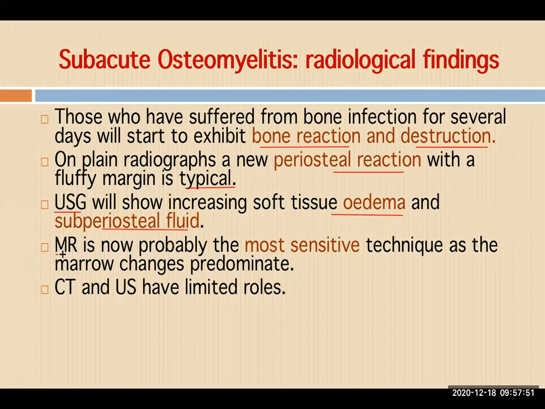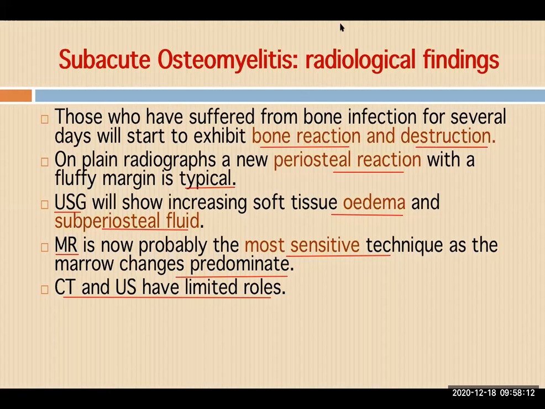Now, these days, MRI is the most sensitive technique as the marrow changes predominate in the early phases of subacute osteomyelitis. So routinely, MRI scanning is done in this type of case. CT scan and ultrasound have a limited role. Ultrasound will only show if there is an affection of the subperiosteal area or soft tissue edema surrounding that area.